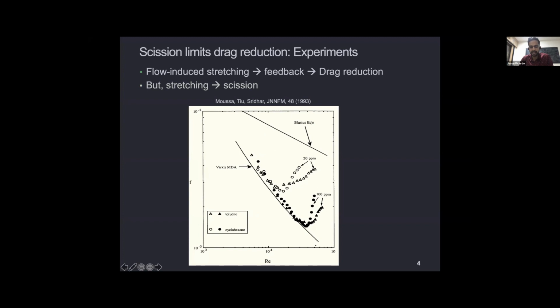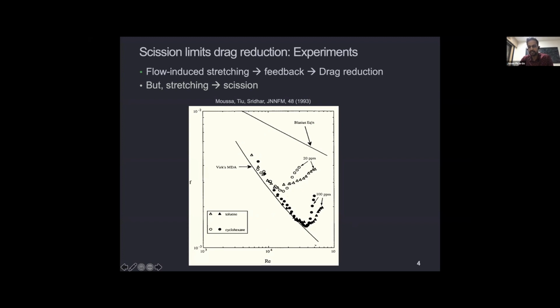This is basically the drag reduction effect. That is dominant at Re less than 10 to the 4 in this plot. But as you go to higher Reynolds number, which means as the fluid gradients are getting stronger and the polymers are getting stretched to a larger extent, the drag reduction does decrease initially following Virk's maximum drag reduction asymptote, which is like a theoretical limit for this phenomenon.